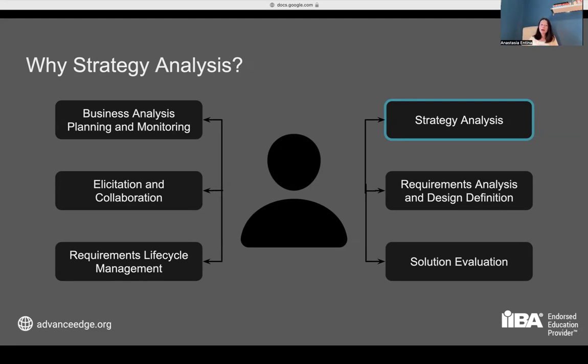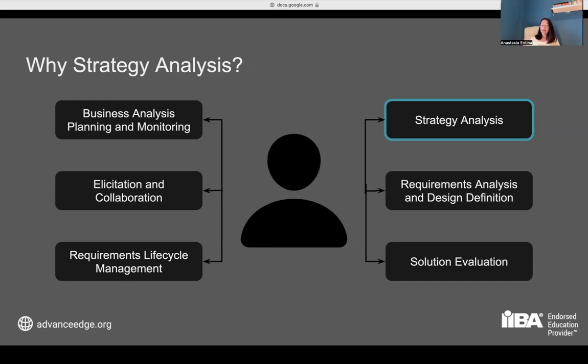The BABOK Guide lists 6 knowledge areas, in other words, areas of responsibility that business analysts work in to successfully complete their business analysis activities. But depending on the context and the certain change process you're working on, business analysts should identify the knowledge areas they should currently focus on and which tasks they should be working on.